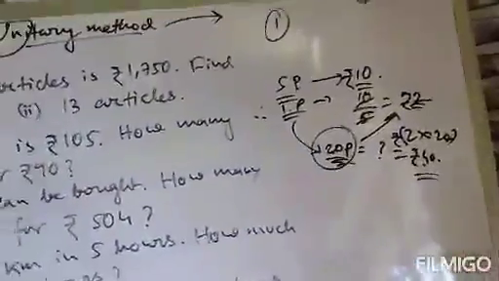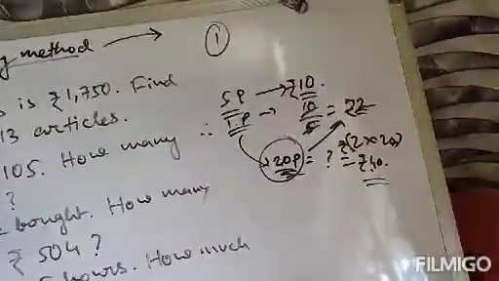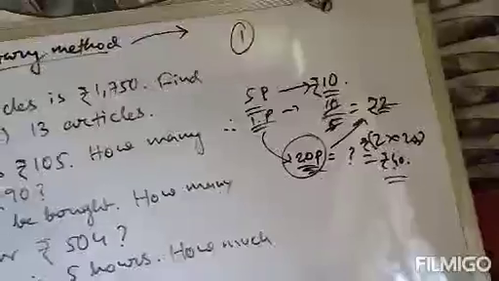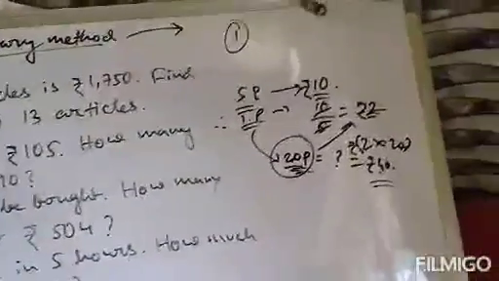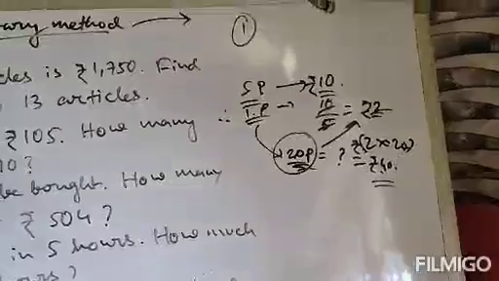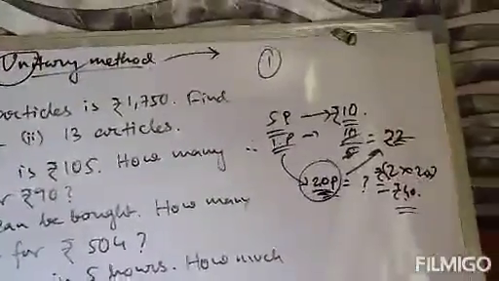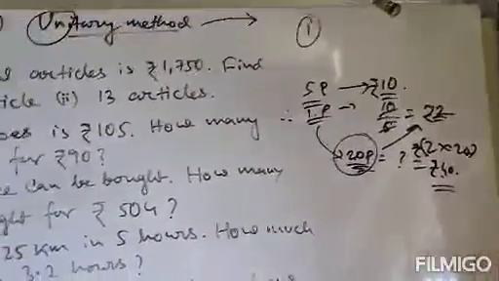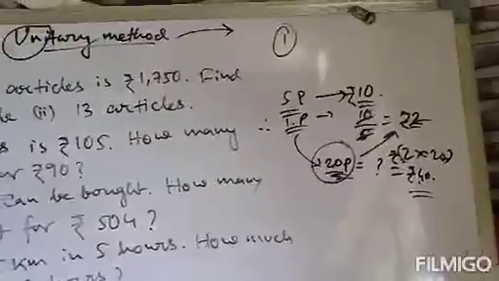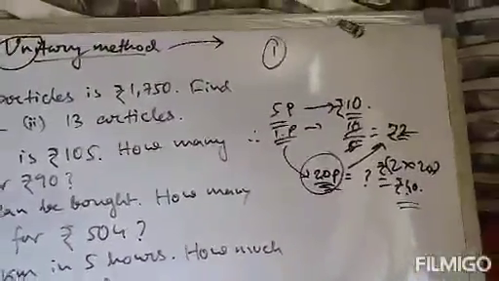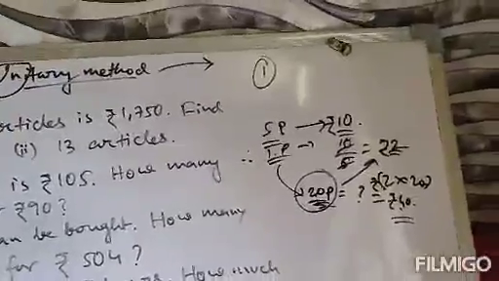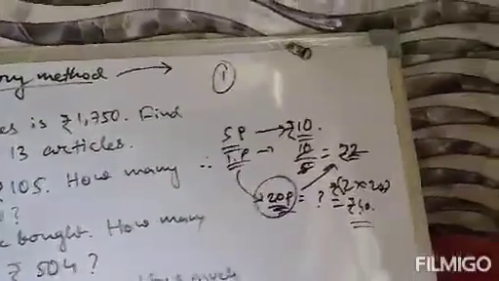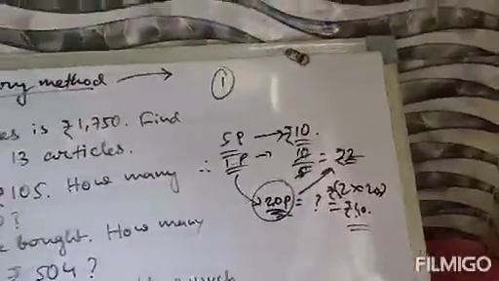Always remember, if the number of items or products increases, the cost will also increase, and if it increases, we multiply. Clear? And if the number of products decreases, the cost will also decrease, and if it decreases, we divide.